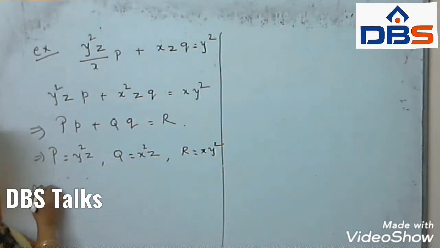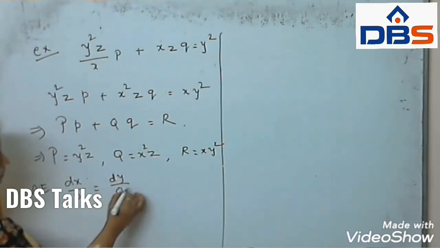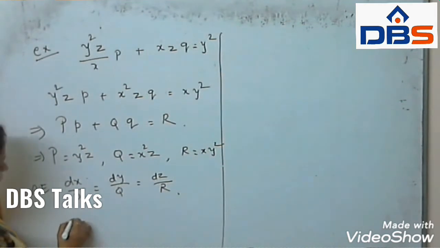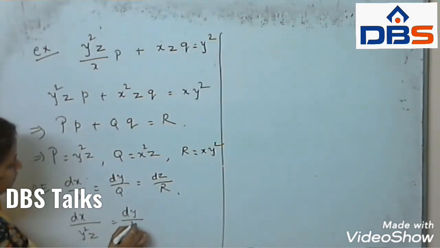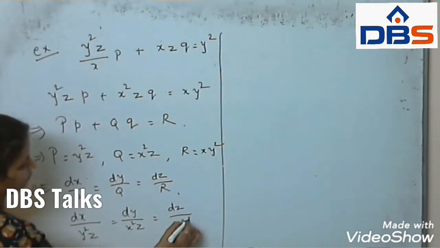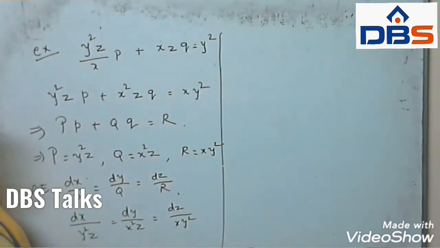Then the auxiliary equations: dx by P equal to dy by Q equal to dz by R. So that is dx by y square z equal to dy by x square z equal to dz by xy square. These are the auxiliary equations.